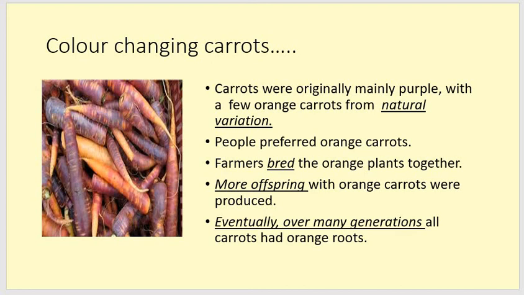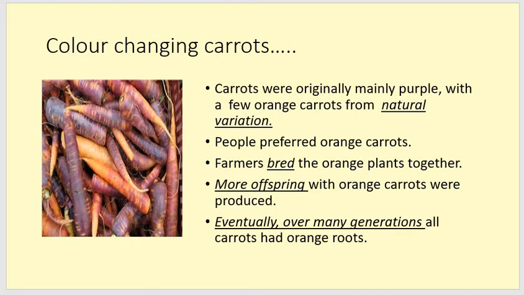The key words here have been underlined. You will need to know what those phrases mean. You might want to copy them down, because you are going to do the next question yourself, ordering the events just like the carrots, but for a different organism, and you'll need to use the key vocabulary.